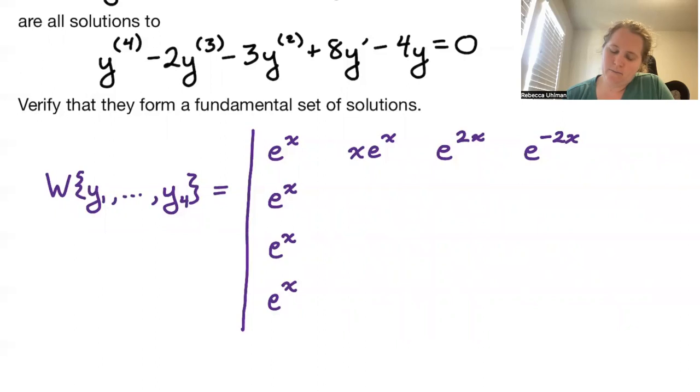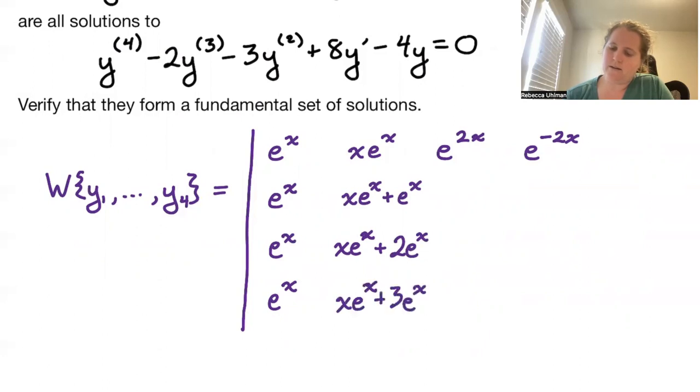That second column, we would have an x e to the x plus e to the x. Then we would get x e to the x plus 2e to the x and x e to the x plus 3e to the x.